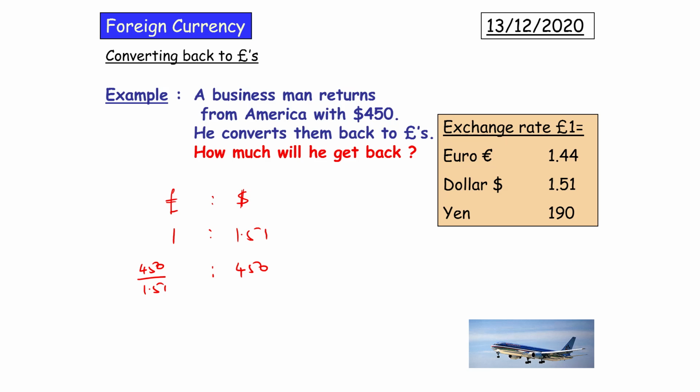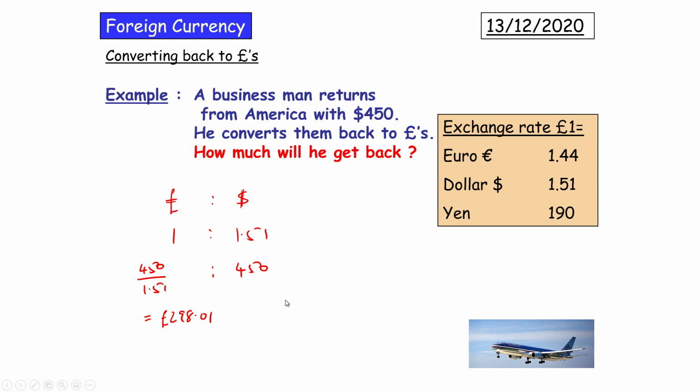And you should have 298.01 pounds. Okay, good.